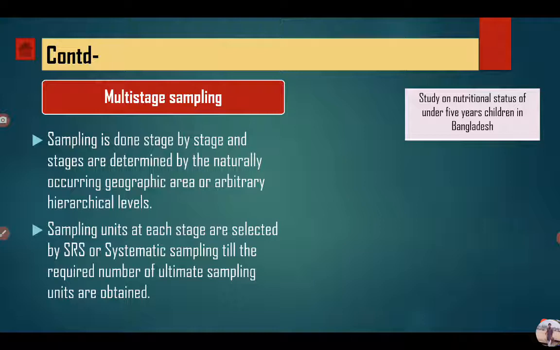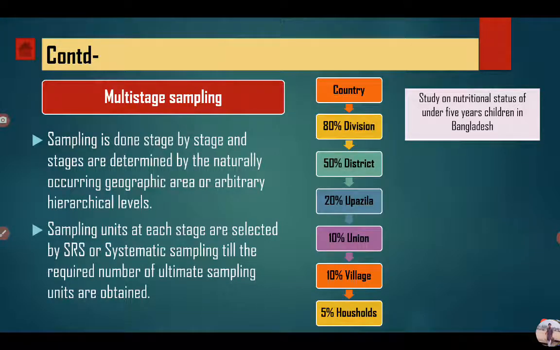In this study the study population is the under 5 children, and the problem area is the nutritional status. So it is not possible for a researcher to address each and every under 5 child of Bangladesh. In that case we can divide this country into 8 divisions, and from these 8 divisions, 80% of the divisions can be selected by simple random sampling technique.